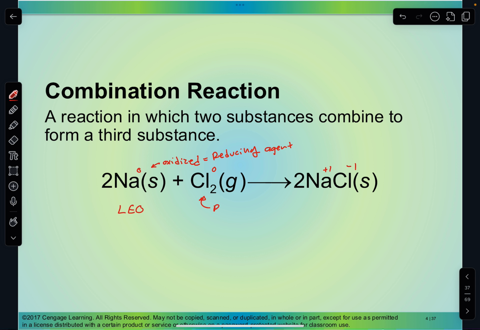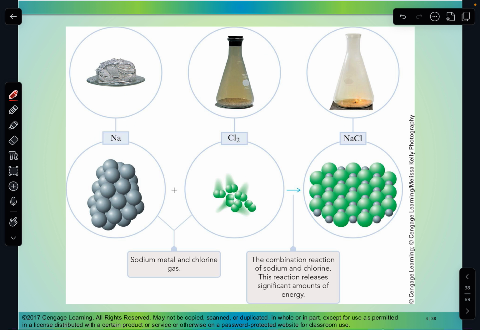Chlorine was reduced, which makes it the oxidizing agent. And so this combination reaction is when we have two things becoming one. We have Na and Cl becoming NaCl.